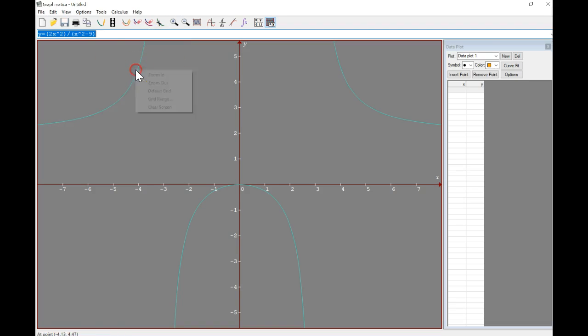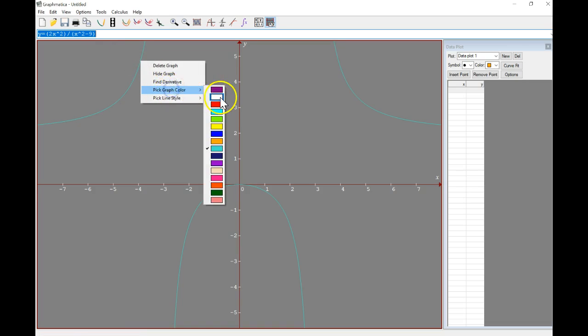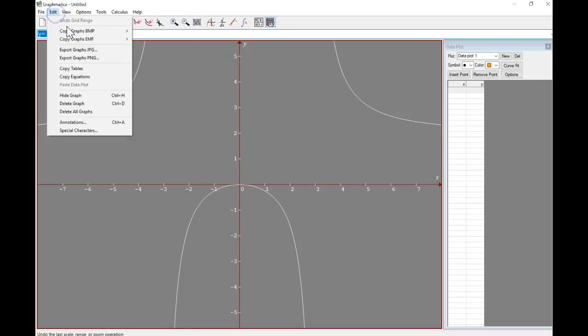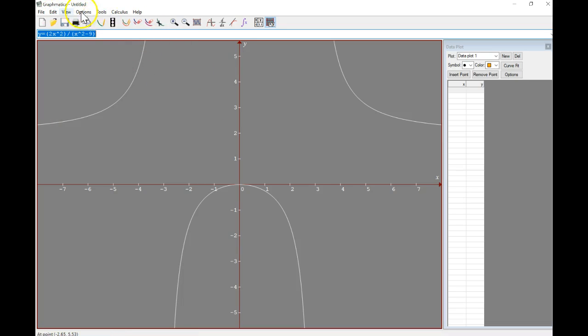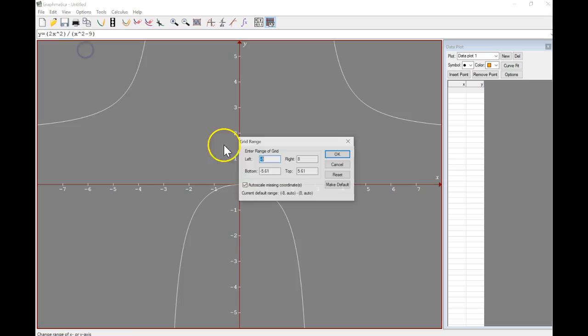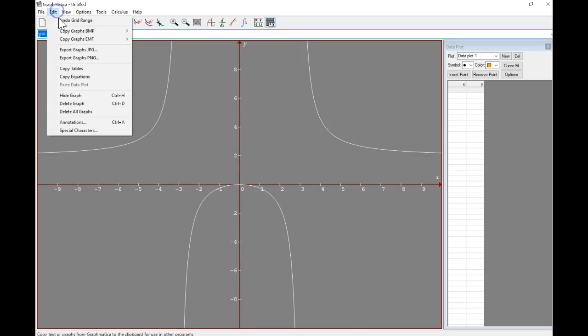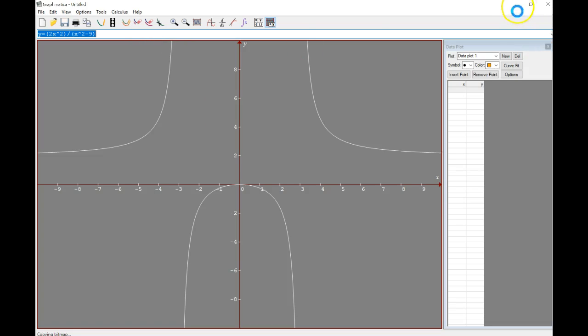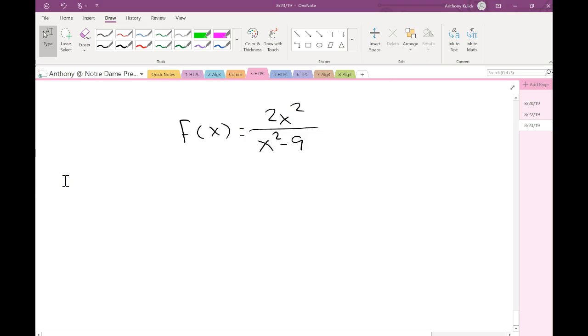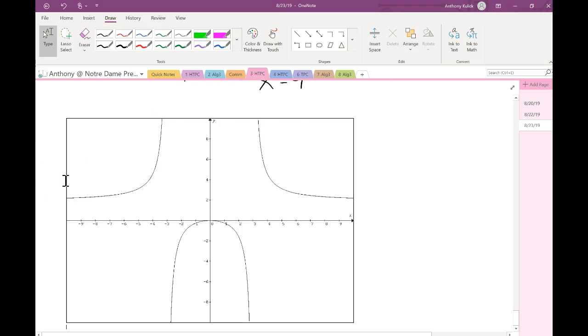Oh, I think we said the white was the best color for these, right? Now maybe let's zoom this a little bit, or at least get a different grid range. It's a little bit better. Okay, and put that in here.